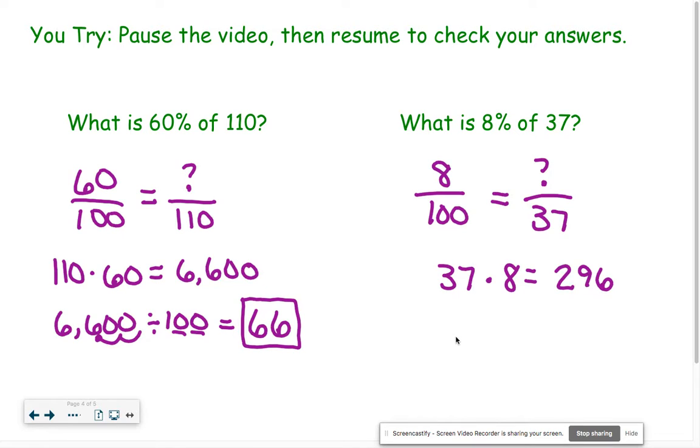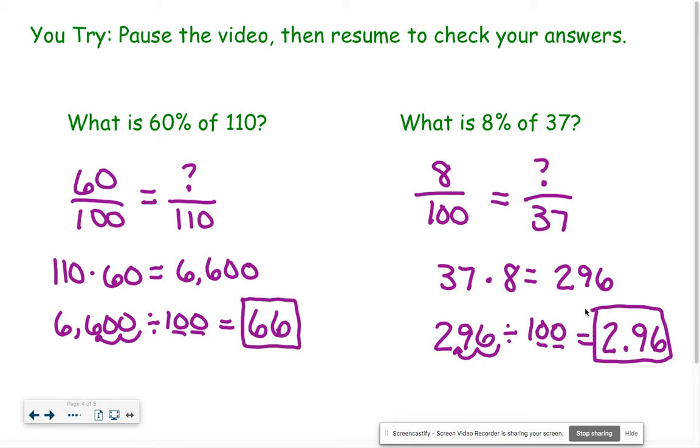Make sure you're showing your work. Then I'm going to take my 296 and I'm going to divide it by 100 because that's what was remaining. 100 has two zeros, so we move our decimal in two places on our other number. That leaves us with an answer of 2.96, which is our answer for this problem. What is 8% of 37? It's 2.96.